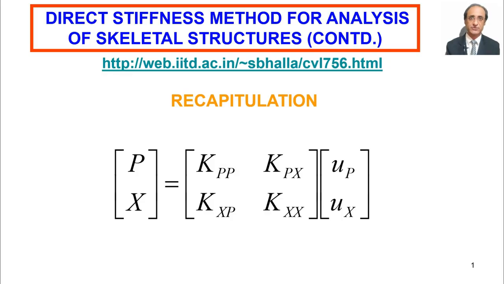So in the last lecture we had seen the complete computational procedure, that how do we assemble the complete total structural stiffness matrix and how the matrix is partitioned into 4 different matrices. And the force vector is also consisting of 2 parts.